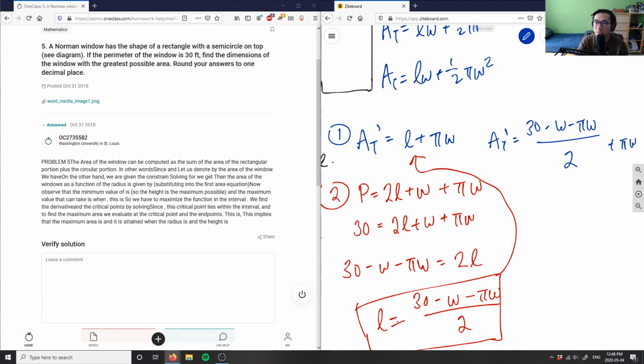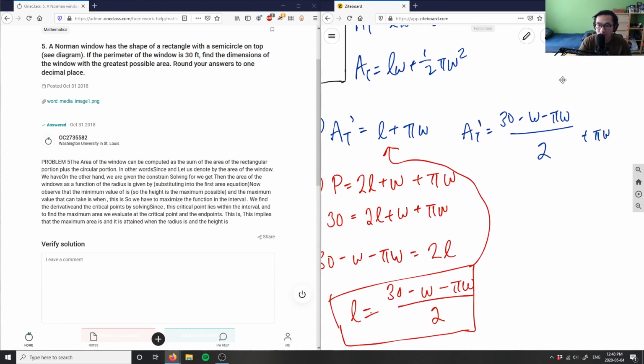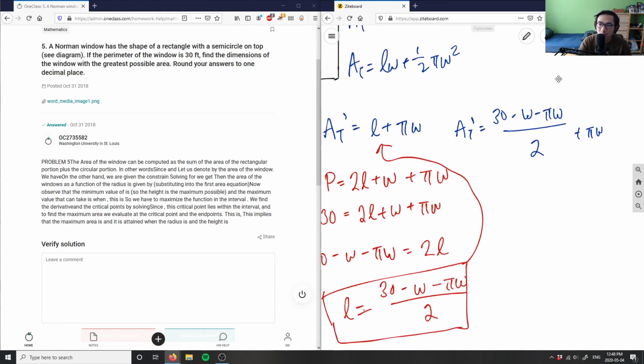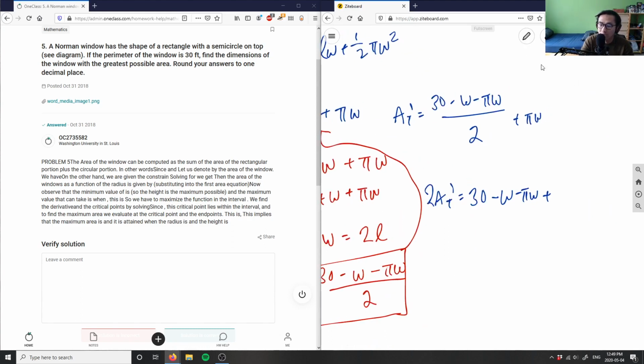And then what I can do is simplify this equation. Let me just think about how I would simplify it. I can get rid of this 2 by multiplying this entire term by 2, and the area by 2 as well. So this is now 2 A prime equals 30 minus w minus pi w, plus 2 pi w, because I have to multiply this side by 2, right?